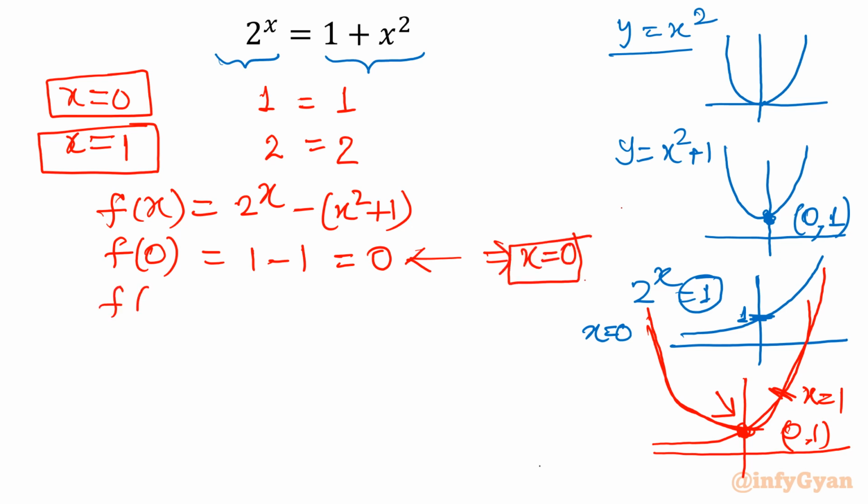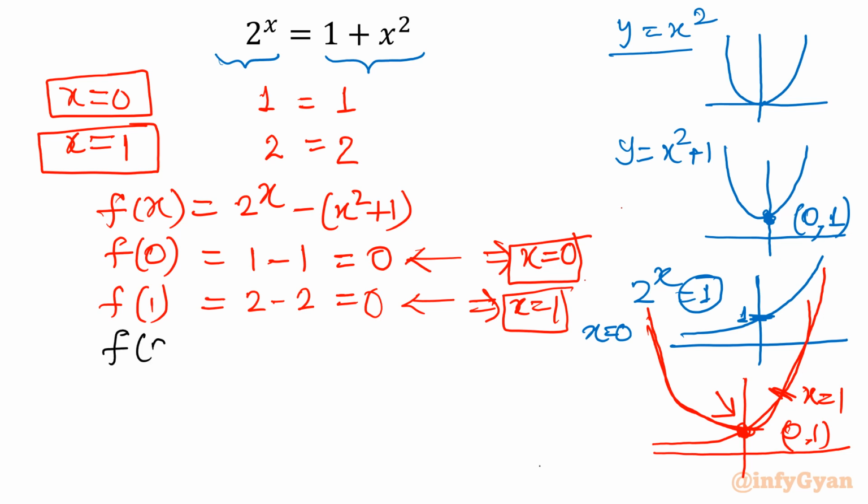Similarly, if I evaluate f(1), I get 2 minus 2 equal to 0, which implies x equal to 1 is another solution. Now, is there any other solution possible after x equal to 0 and x equal to 1? Yes, so let us find the value of f(2).